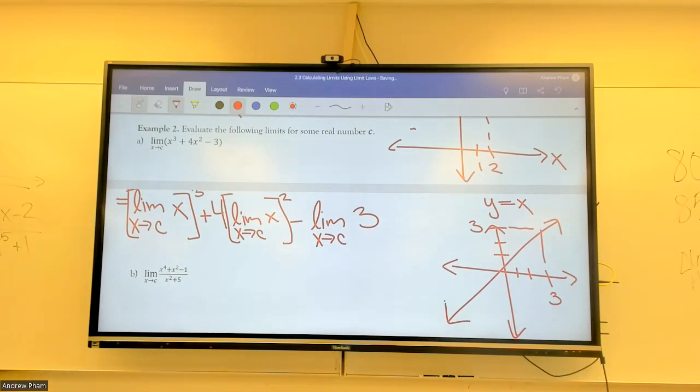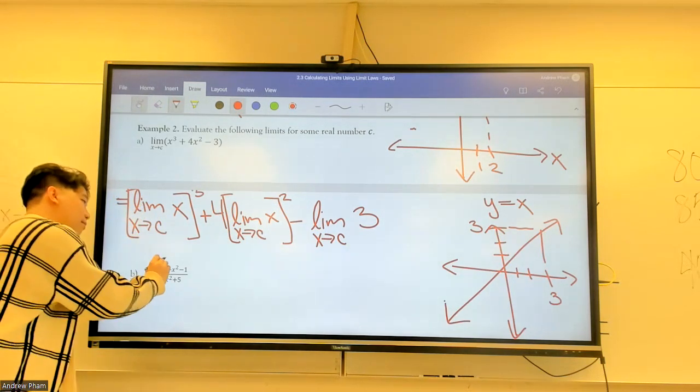So it looks like all I have to do now is figure out what these individual limits are. What's the limit as x goes to c of x? Y'all told me before, if it was x going to 2, the answer would be 2, right? So if it's x going to c, it's c, because c is just any number.